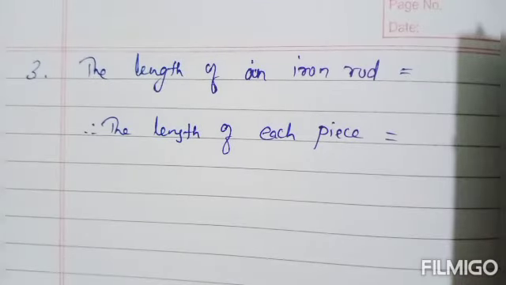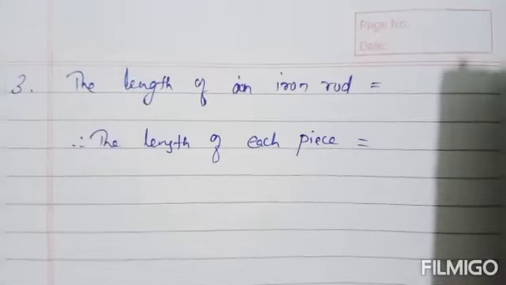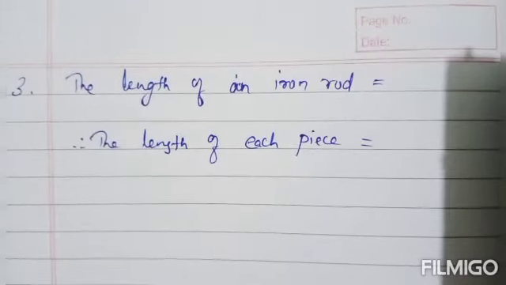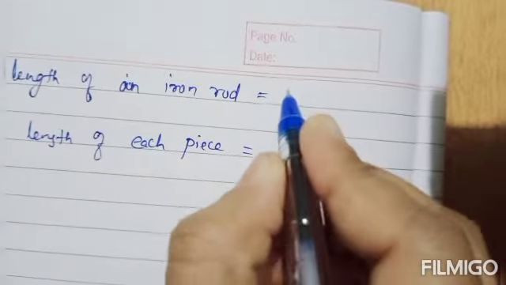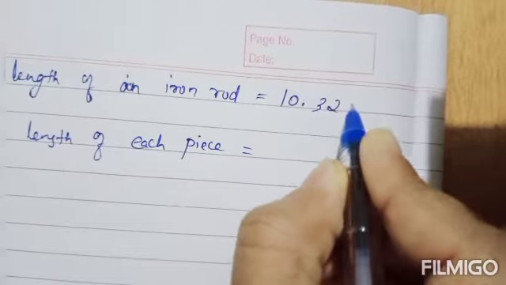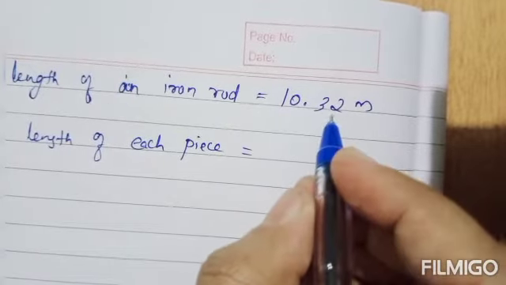Okay. Next, third question. The length of an iron rod is 10.32 meter. The rod is divided into 4 pieces of equal length. Find the length of each piece. So an iron rod is there. Its length is given, 10.32 meter. This is the total length of the iron rod.